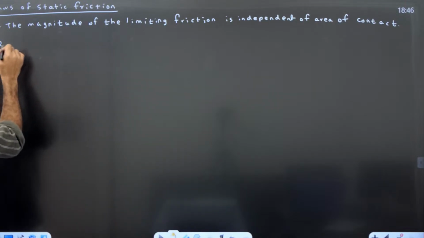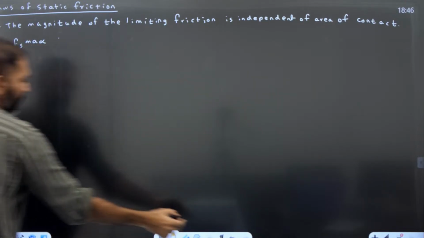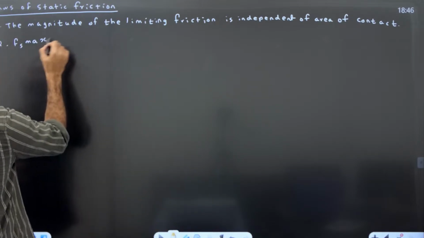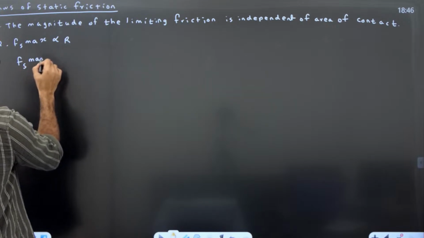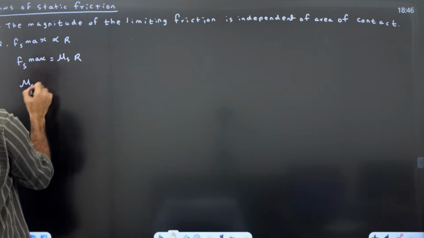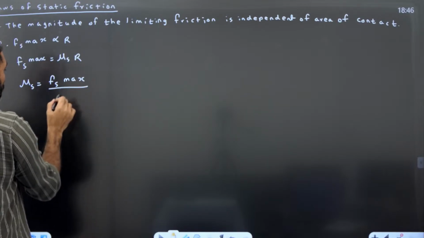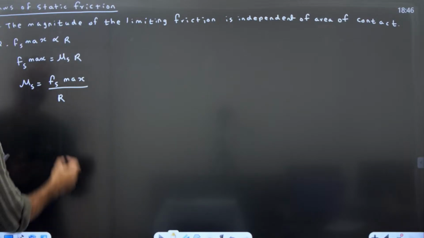Second law, which we already know: Fs max is directly proportional to the normal reaction. Fs max is equal to mu s R, so mu s is equal to Fs max by R. What is mu s?